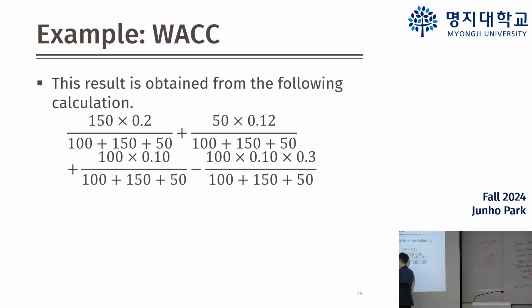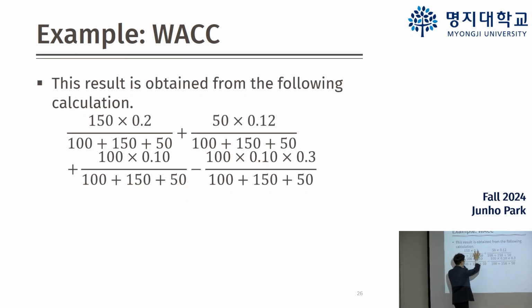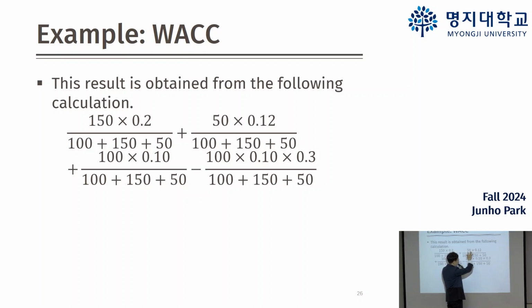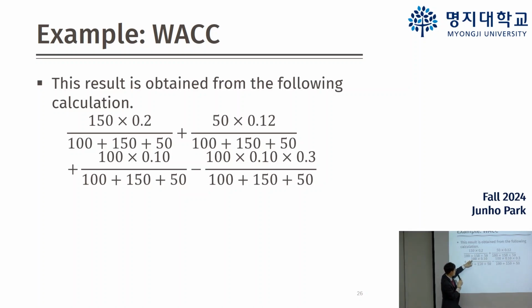However, first, what you did is the calculation about shareholders. Shareholders contributed 150 and they require 20% return. The preferred stockholders contributed $50 and they require 12% return. The creditors, the bondholders, contributed $100 and they require 10% return.